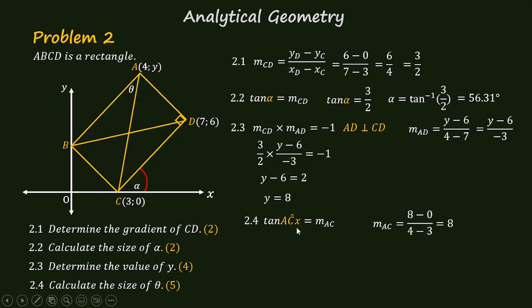So to find the angle ACX, the whole of this, I know that the tan of ACX is given by the gradient of the straight line AC. You do the substitution, use trig, and we get the value as 82.87 degrees.